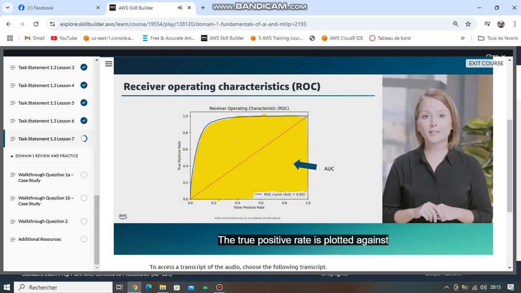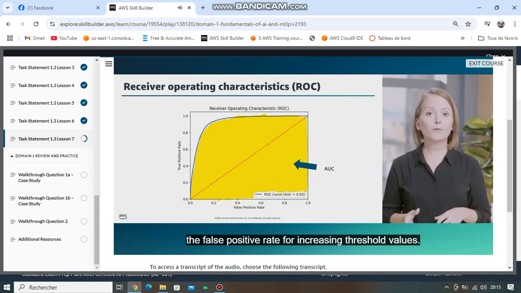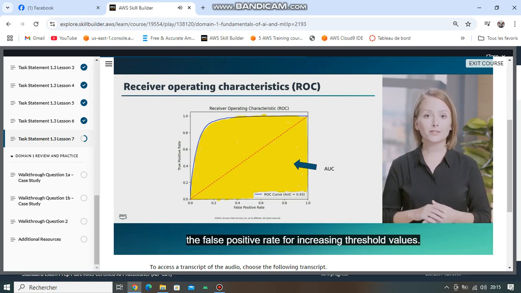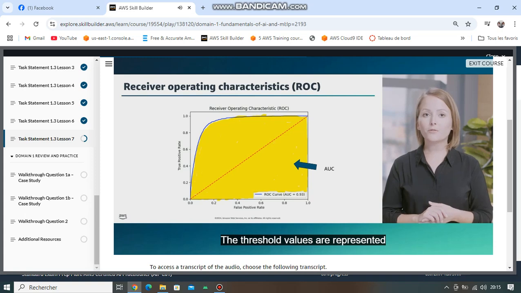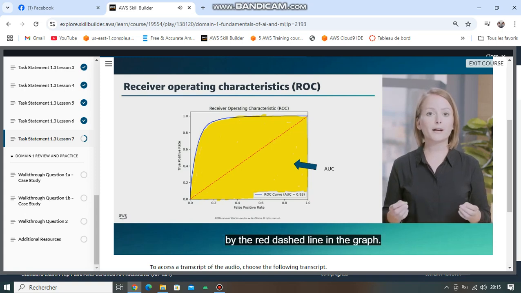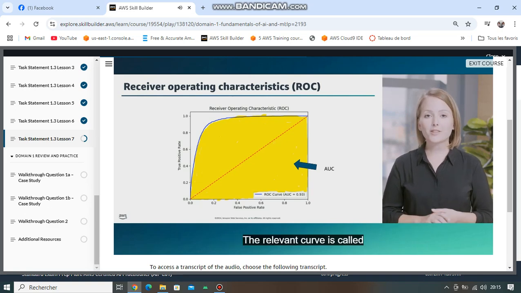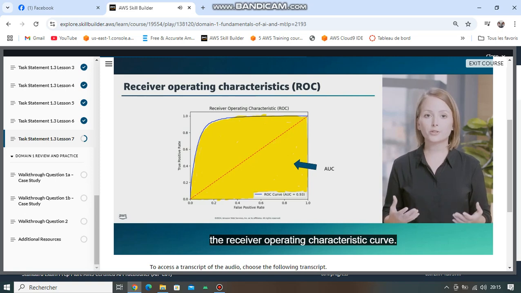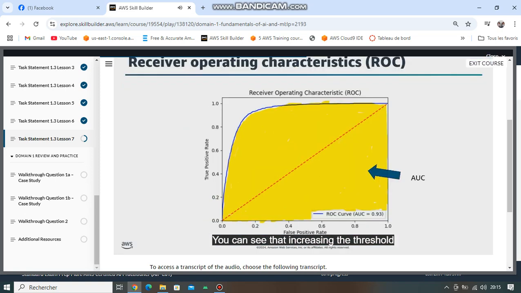The true positive rate is plotted against the false positive rate for increasing threshold values. The threshold values are represented by the red dashed line in the graph. The relevant curve is called the receiver operating characteristic curve. You can see that increasing the threshold results in fewer false positives, but more false negatives.